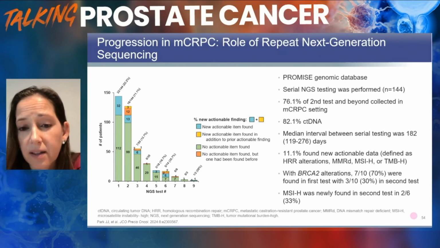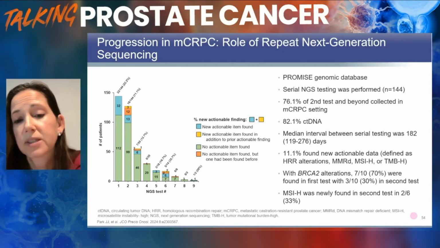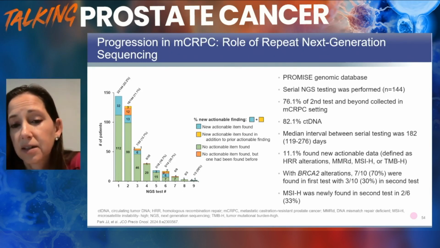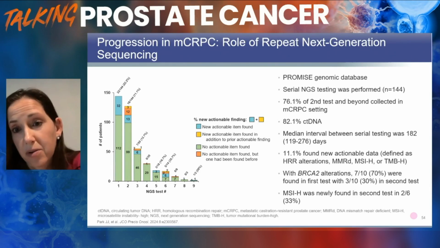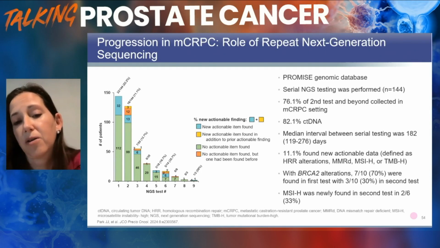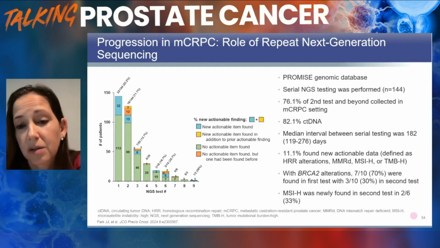And here what we found is that 11% of second and beyond DNA sequencing, particularly with ctDNA, found new actionable data. So that's not insignificant. These are 11% of patients who would not have been able to be offered a PARP inhibitor or immune checkpoint inhibitor, and they could now be offered these treatments that could potentially really benefit them.